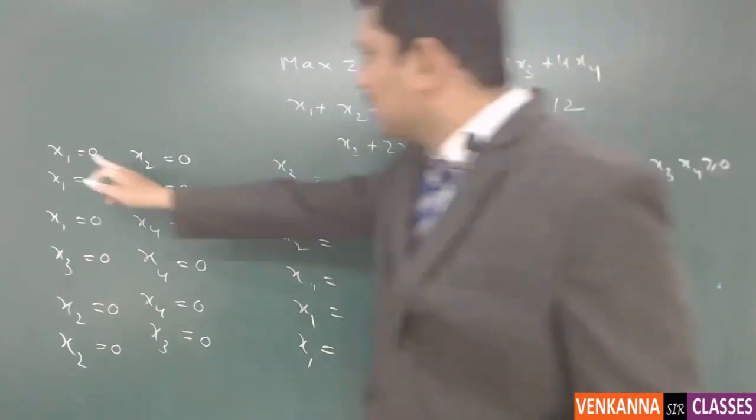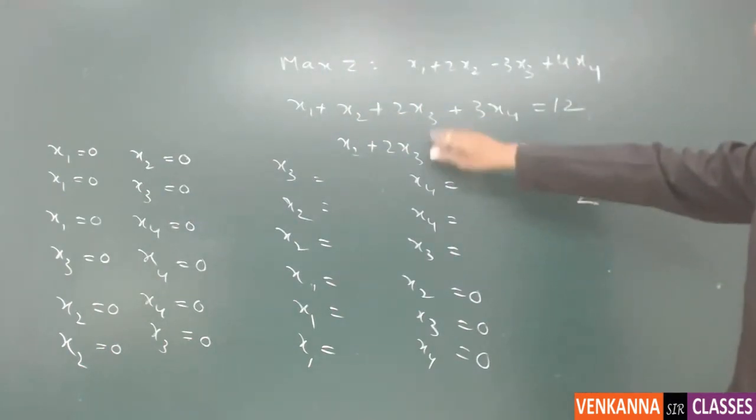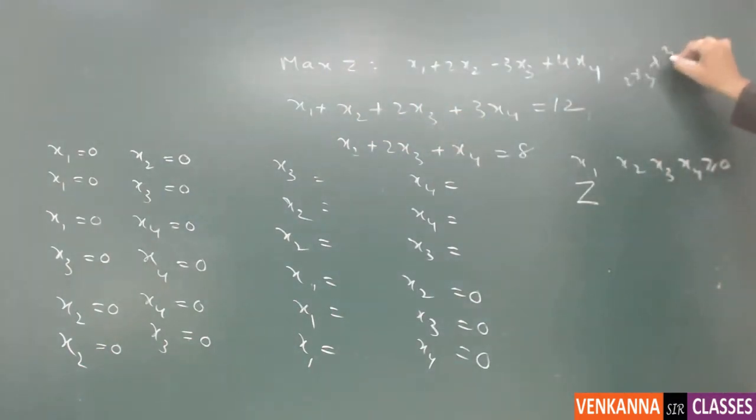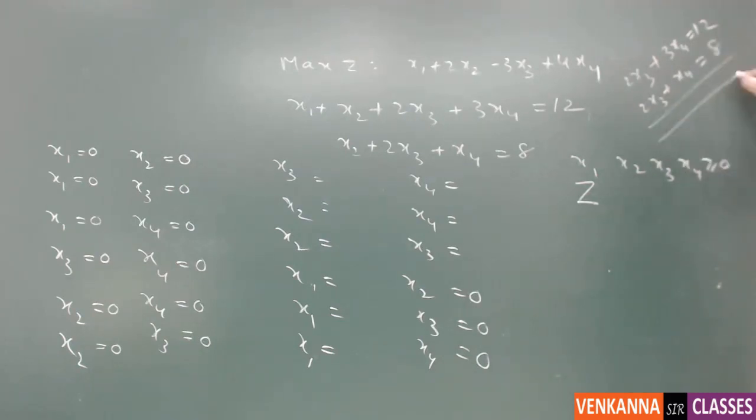If you put x1, x2 as 0 in the 2 constraints, the first equation becomes 2x3 plus 3x4 equals 12, and then 2x3 plus x4 equals 8. Now solving these two, can you give the values of x3, x4?